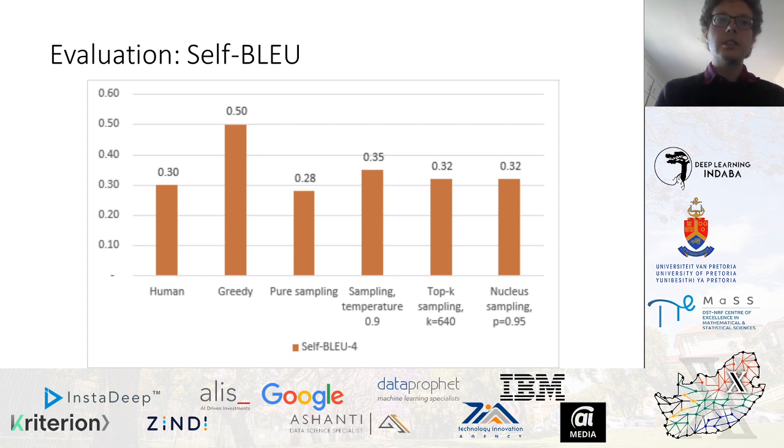In our case, the goal again is to match the diversity of human written text, as there are also disadvantages in generating text that is too diverse. In this evaluation, we see that truncated sampling methods again perform best, so they are closest to the human examples we are comparing against.